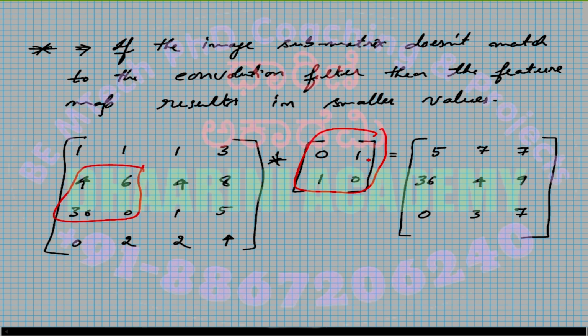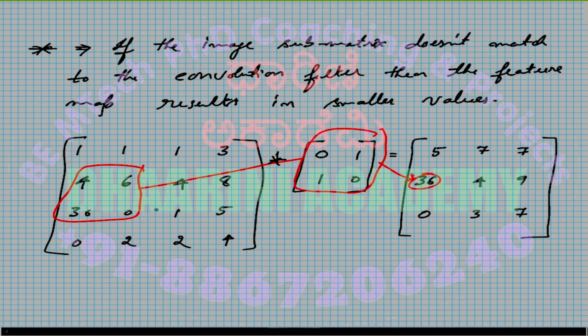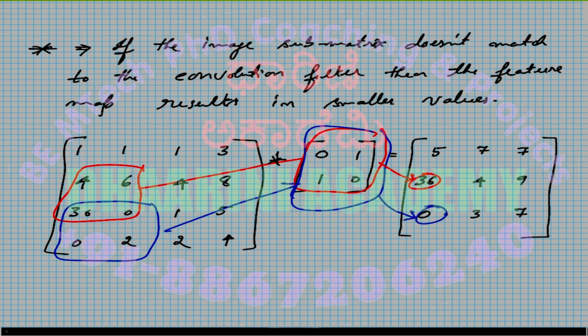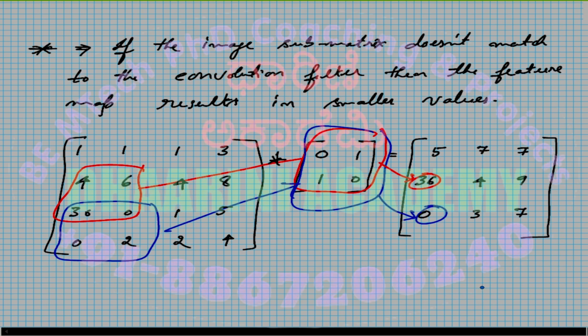That's why this resulted in a 36 over here. Whereas this, when overlapped with this for the convolution, you can see that it's not at all matching, so I got a 0. So principal diagonals though exist, whereas I'm looking for the other diagonal, which happens at this particular position in my feature map. So that's the conclusion.